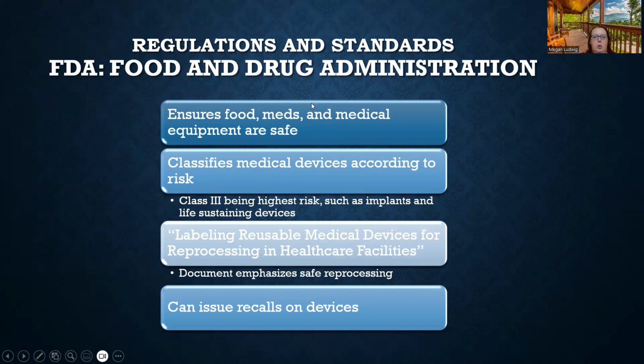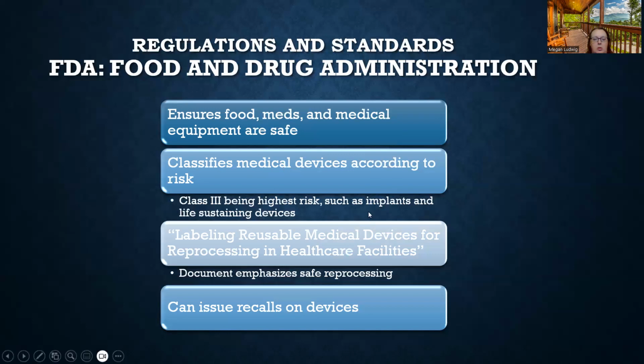They are responsible for classifying medical devices according to risk, which is going to then change or affect how we would sterilize or process an item. So they say a class 3 item is the highest risk. And when we say risk, we basically mean risk for infection.